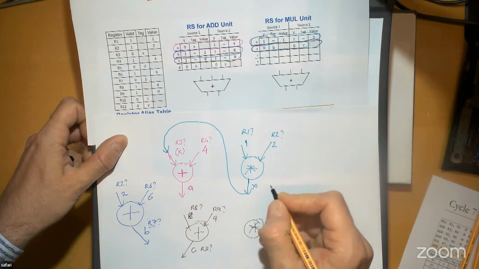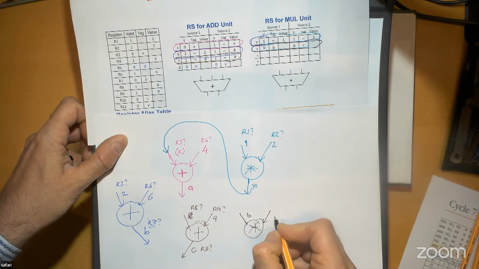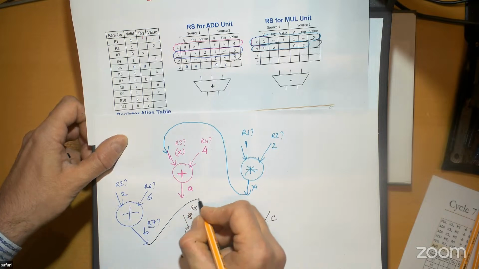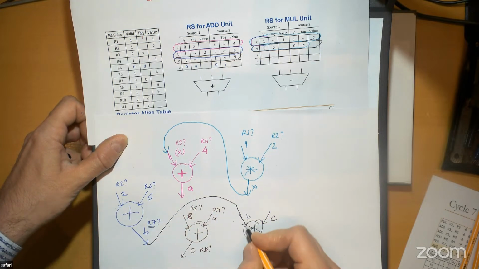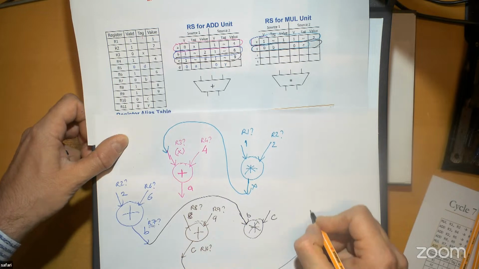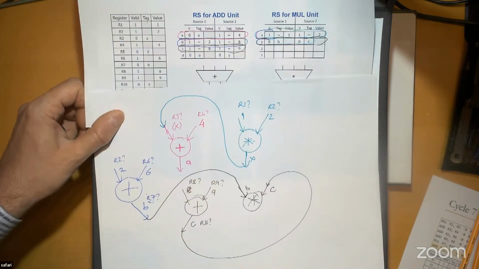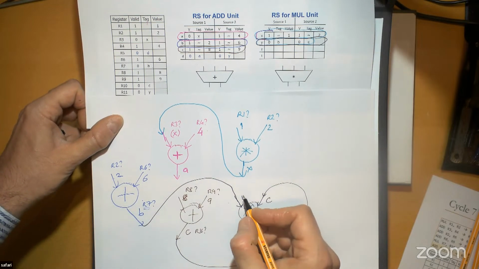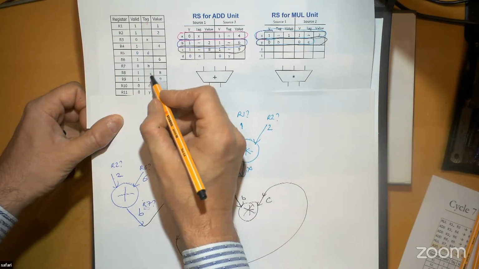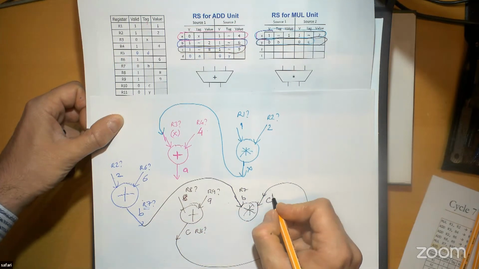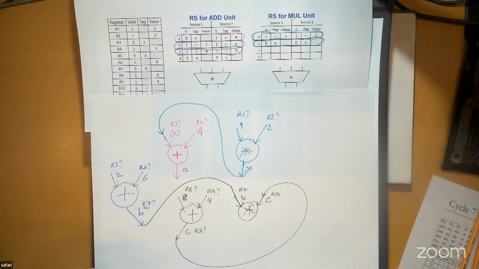It's a multiply for sure. One of them is B, the other is C. Oh, look at that. This B can come over here. And this C can come over here. It's kind of a messy data flow graph, but it's a data flow graph, right? And both of them are not ready. And what are they? R7 and R10 probably, right? And we already kind of guessed that. R7, R10. Now it's getting more solidified, if you will.